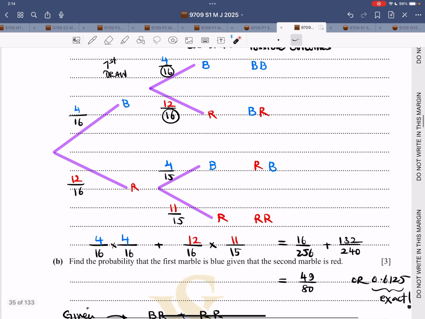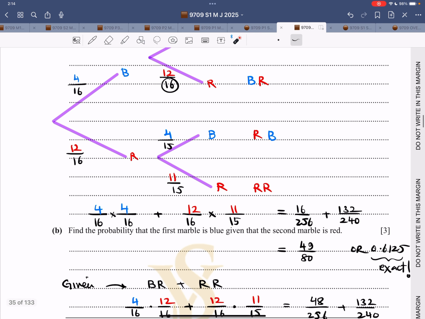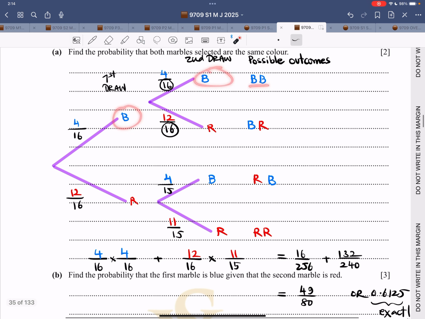All good, all clear. Now the first part: find the probability both marbles selected are of the same color. So it could be blue, blue, that is the option 4 over 16 into 4 over 16. That is the probability that I'm writing over here.